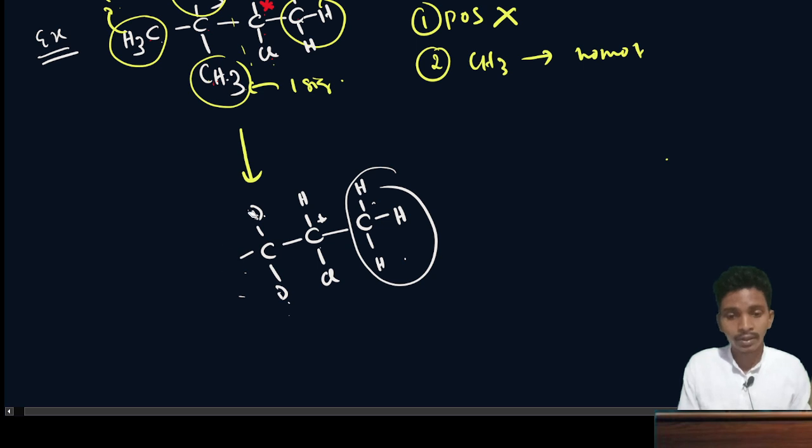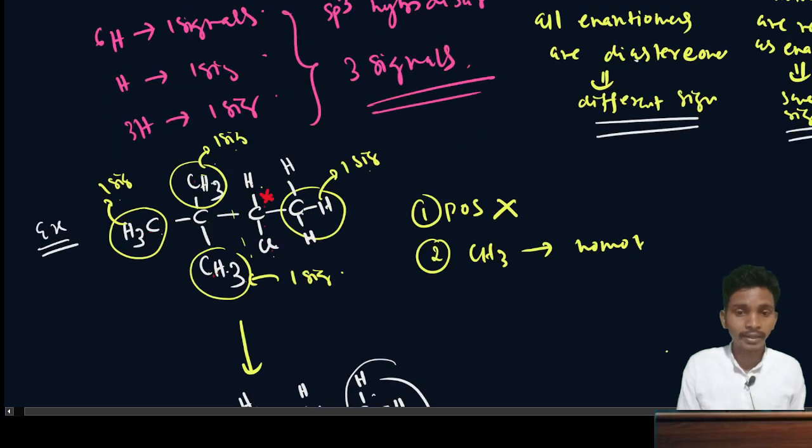Like if I replace these with hydrogens, these are not enantiomers, so asymmetric centers only affect enantiomers, but this looks homotopic. If you replace all of these by hydrogen, it is homotopic, so it is not affected. Although a chiral center is present here, there is no enantiomer, so it will not get affected.